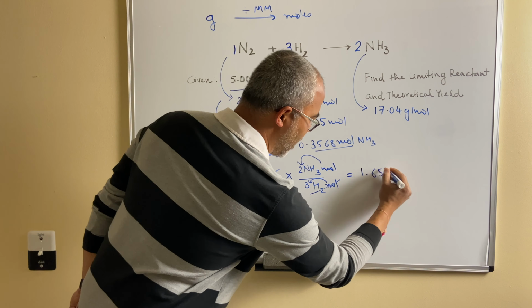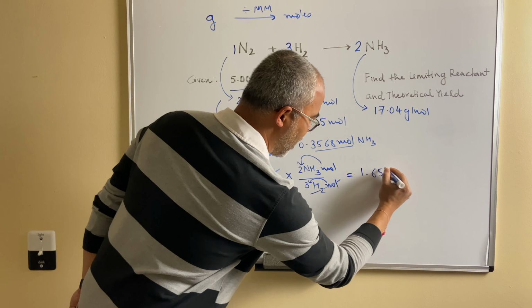So now, once we've calculated how much NH3 would be formed if we started off with these many moles N2 versus these many moles H2, the NH3 that is formed in the lesser amount, which actually happens to be this one, is going to tell us the limiting reactant.